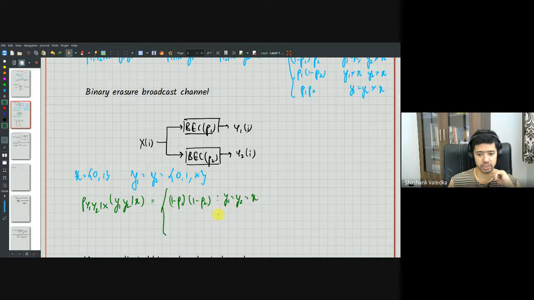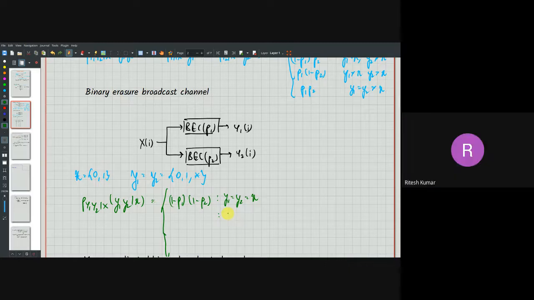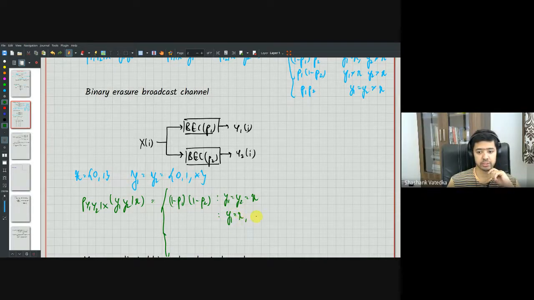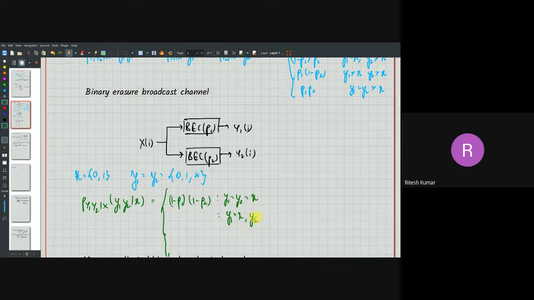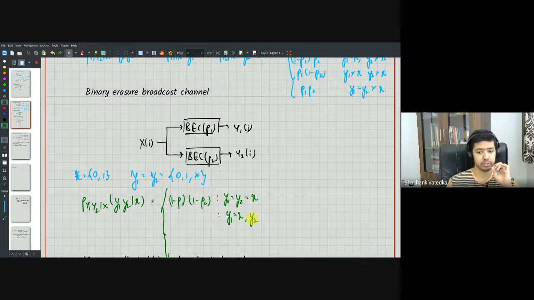What is the other possibility that can happen? y1 equal to x, and y2 can be not equal to x, or it may equal the erasure. But if it is not equal to x, what is the probability?